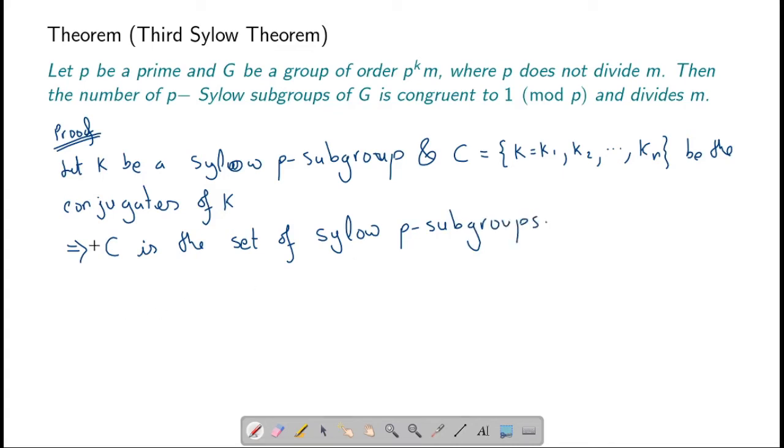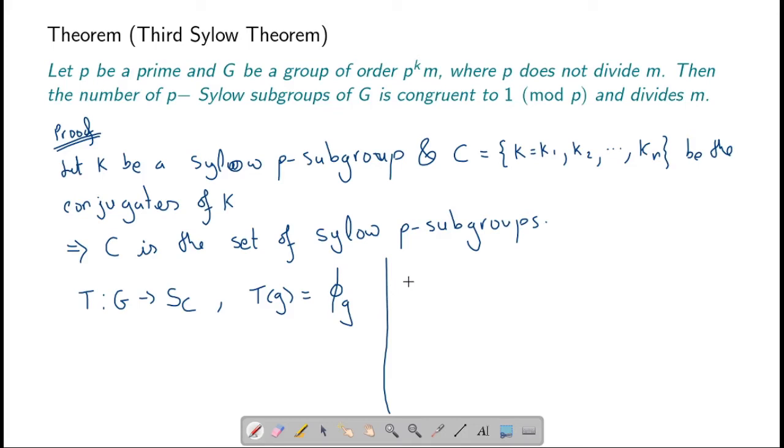Now, let us consider the same function again, which we had considered in the previous theorem and the lemma, that is T from G to S_C, given by T of g equals phi g. Notice here that let us look at the orbits with respect to the permutation group T of K itself.